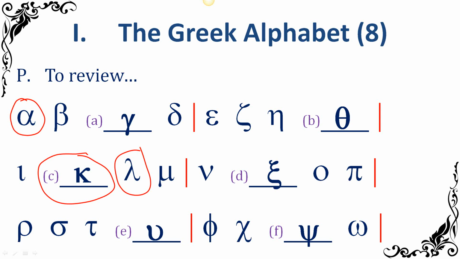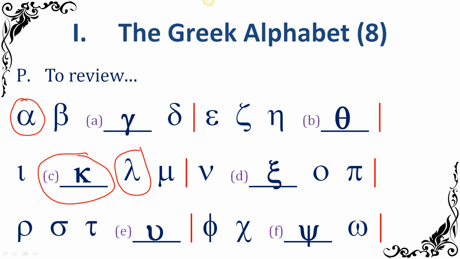All right, so next 4. Epsilon, zeta, eta, theta. Epsilon, zeta, eta, theta. I love it. That's okay. Epsilon, zeta, eta, theta. Okay.